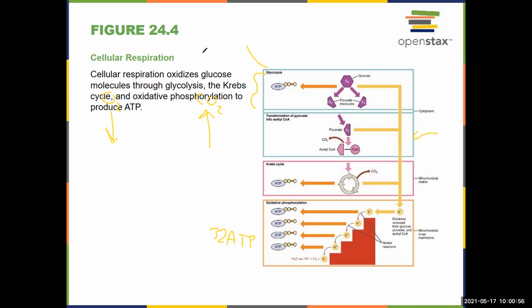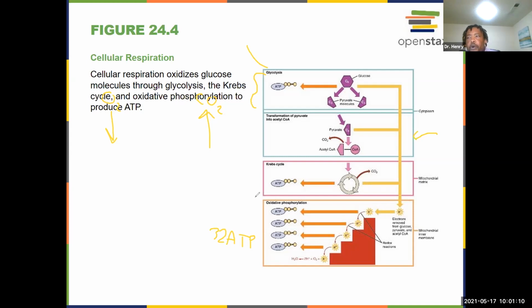Okay, so cellular respiration consists of 3 stages. You have glycolysis, you have the Krebs cycle, and then you have oxidative phosphorylation. The bulk of your ATP is going to be coming through here, but you need the Krebs cycle to kind of power this.